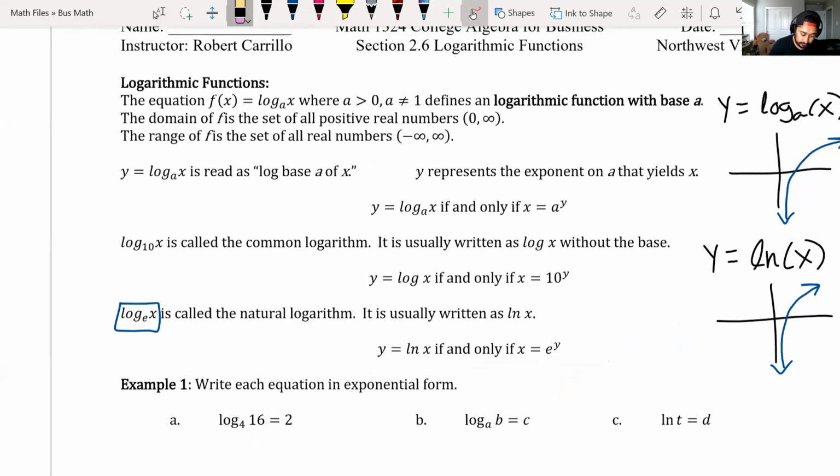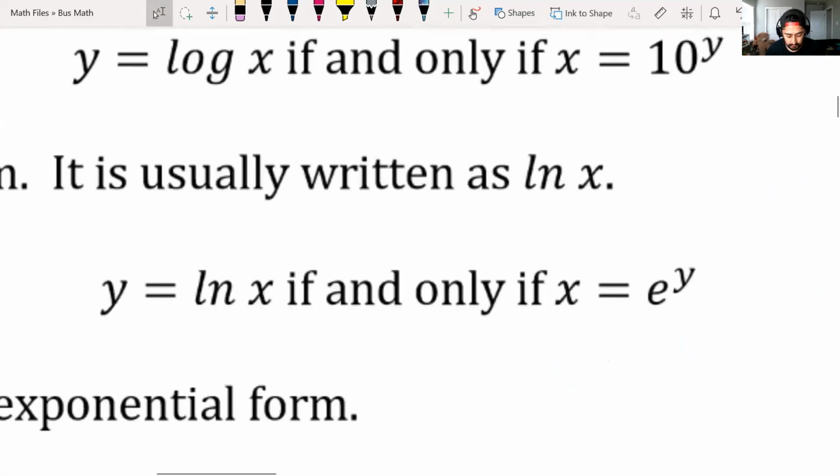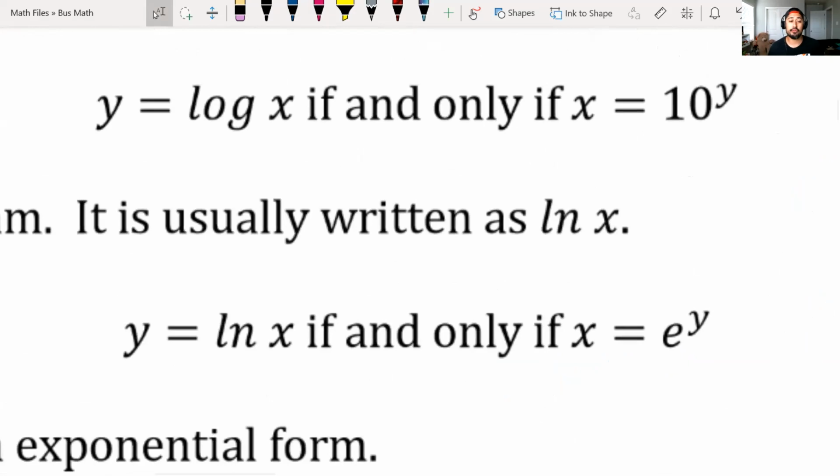Okay. Now, converting from natural log to exponential. All right. So we want to go from natural log to exponential. And once again, we say, hey, this log doesn't have a base, which means you know that since it's the natural log, you can fit in a small little base of e there.